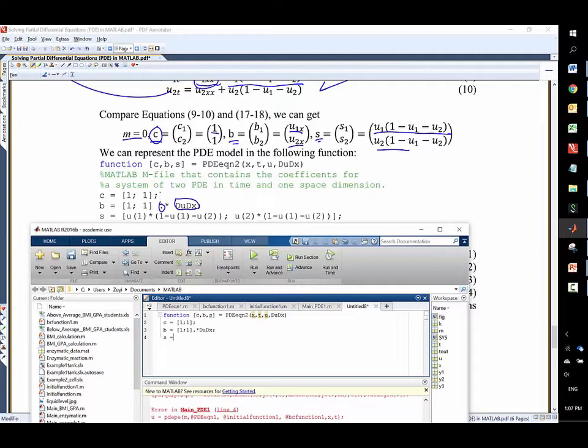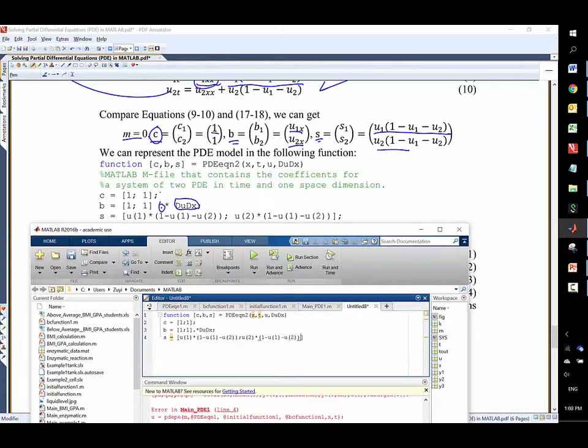Okay, and then you get s equal to just u1 times (1 minus u1 minus u2), and the second row is u2 times (1 minus u1 minus u2).